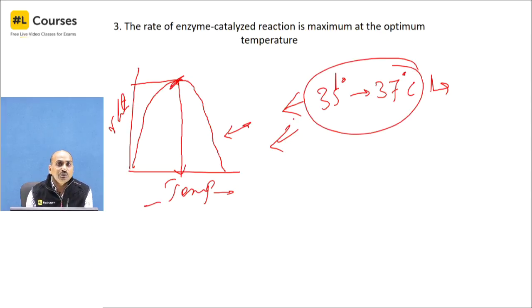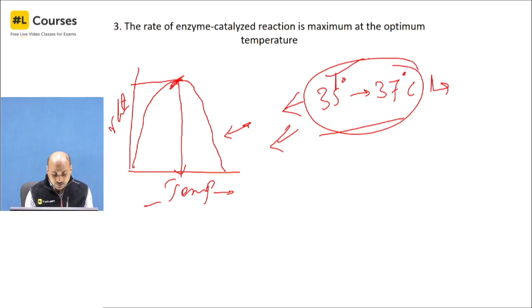The best example I can give is that whenever we get a fever, the body temperature rises, so the enzymes present in the body do not activate and won't work effectively. During that time we feel uneasiness, and we don't feel like eating food because the catalysts are not active. The process of biocatalysis does not occur until the body temperature comes back to normal. So that is also one example showing that enzymes will work only at optimum temperature.